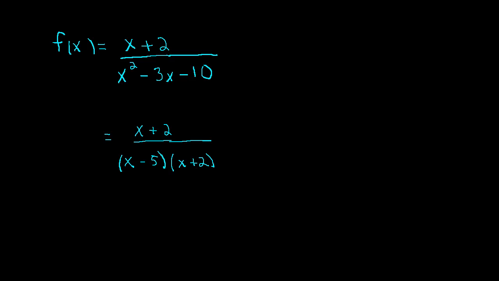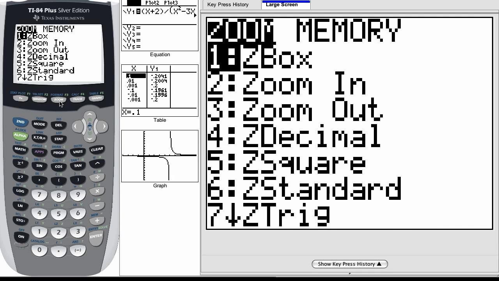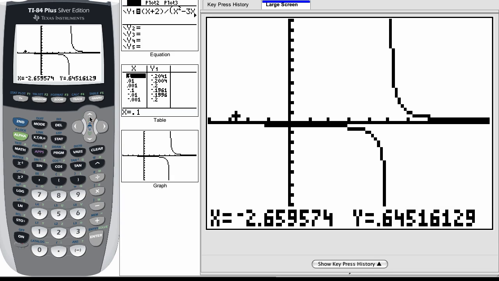If we go back to the graph, we really can't see that in here. -2 is right here. In fact, our graph doesn't even show up. So I just want to see if my calculator will pick this up. I'm going to go to zoom box and zoom in on the area around -2 to see if I can see perhaps a little hole or maybe some other kind of discontinuity.